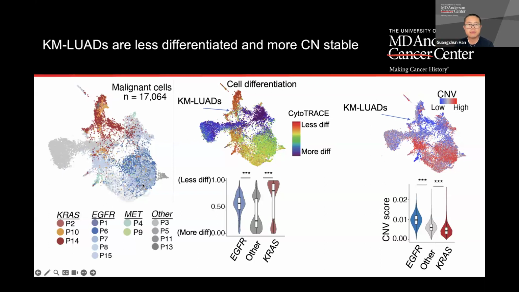After I project the CytoTRACE score, which is a differentiation score, onto it, we found the KRAS mutant malignant cells in general are less differentiated compared with other mutation groups. And when we look at the copy number alteration profiles, we also found the malignant cells from the KRAS mutant group in general have lower copy number alteration profiles compared with the EGFR ones or the other patients.